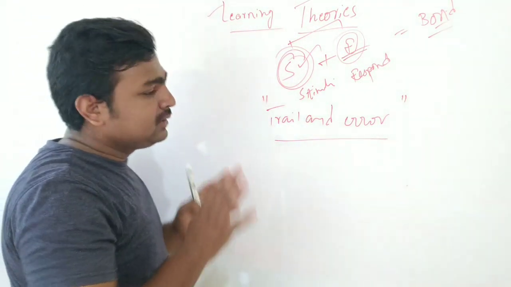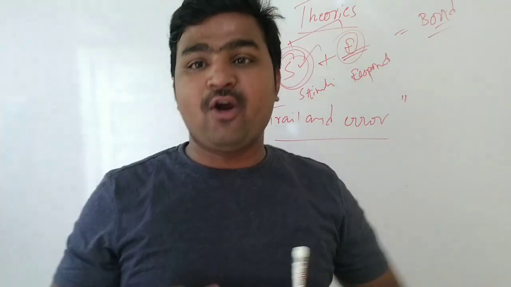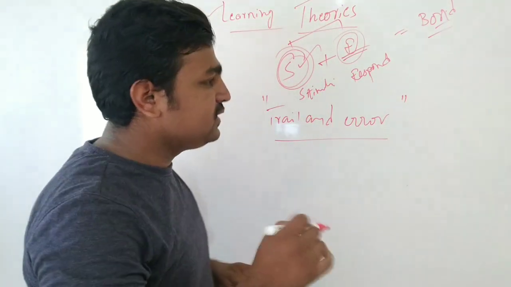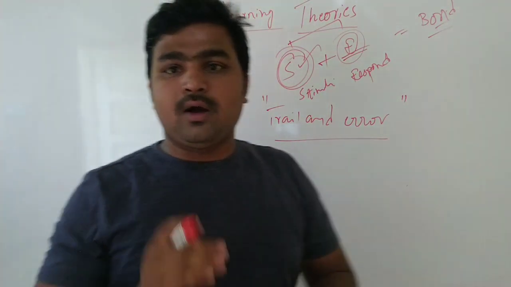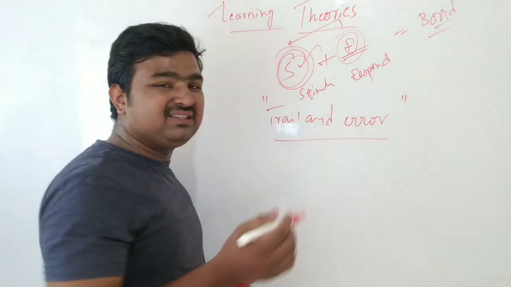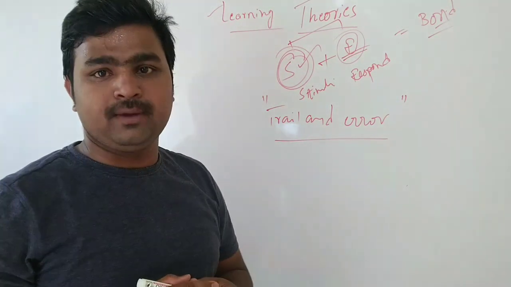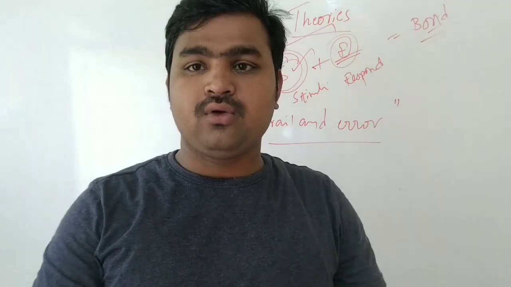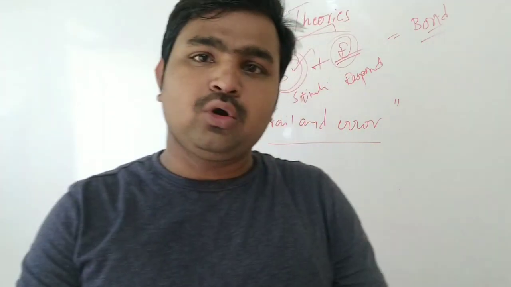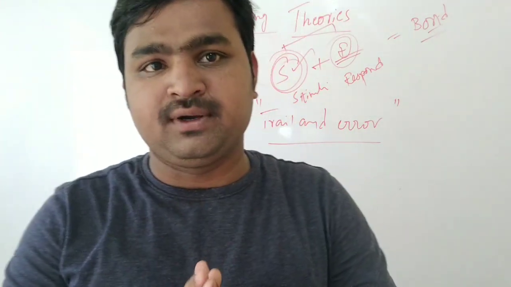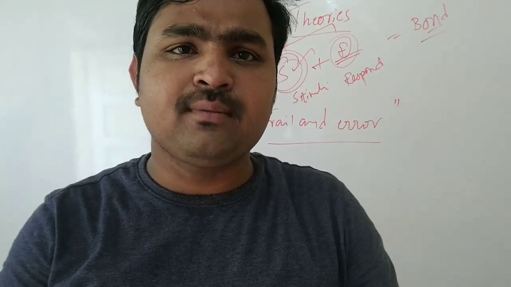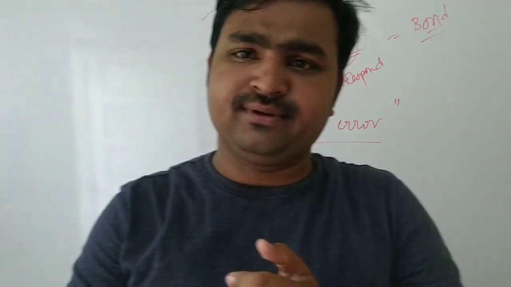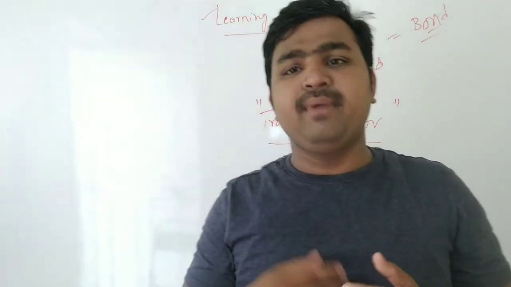He conducted an experiment with certain objectives and methods. Let's first learn the objectives of Thorndike's experiment. First, learning arises from trial and error: the learning process happens only when we try and make some mistakes.